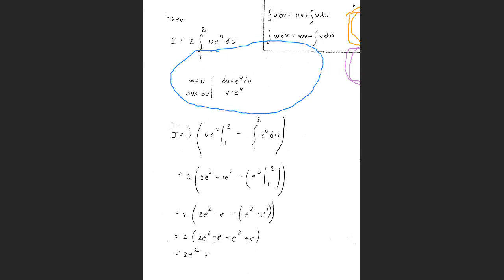So then I'm going to let w equals u, and I'm going to let dv equals e to the u du. And then the integration by parts, the iteration, I'm going to get this here.